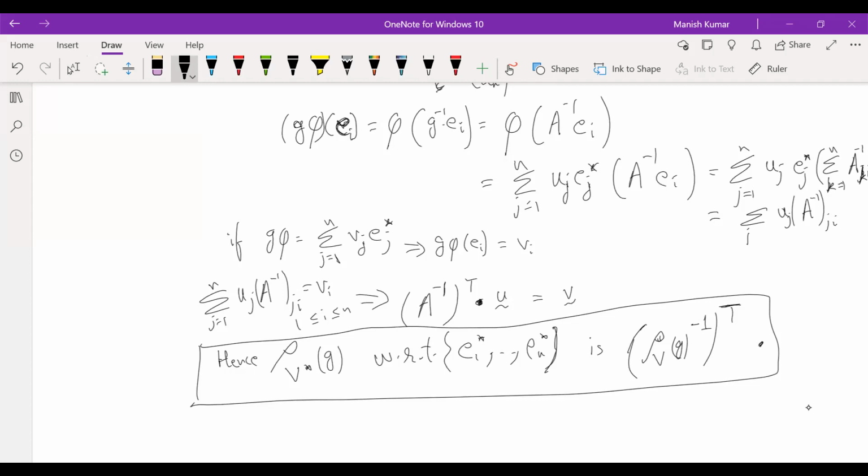So if you think of U as a row matrix and multiply it with A inverse, then you get a row matrix of V. So to write it in terms of column, you just do the transpose. So that is what is done. I think this step should also be clear to you. Okay, so that's where the transpose comes in.